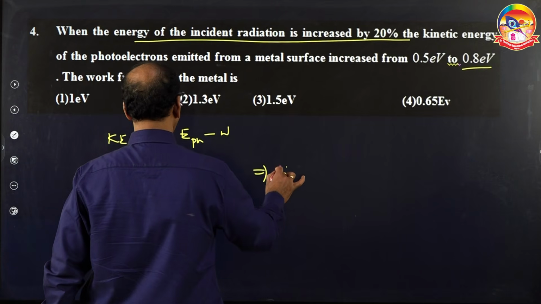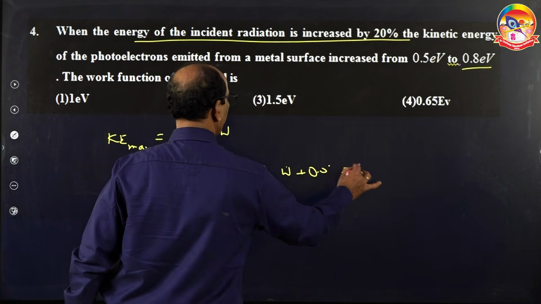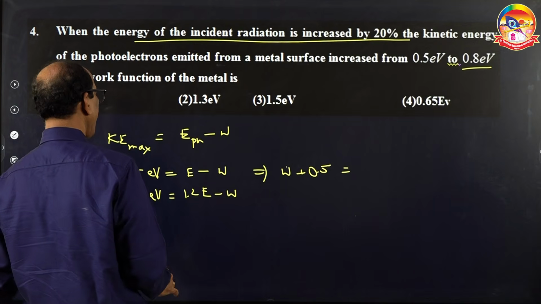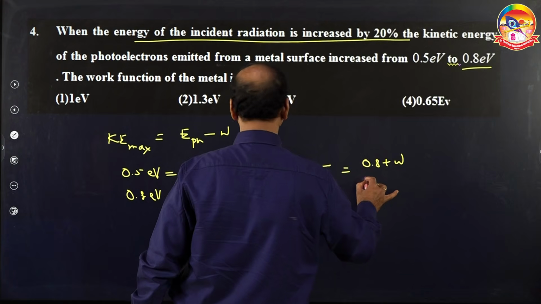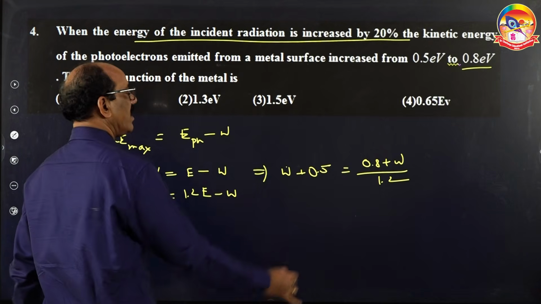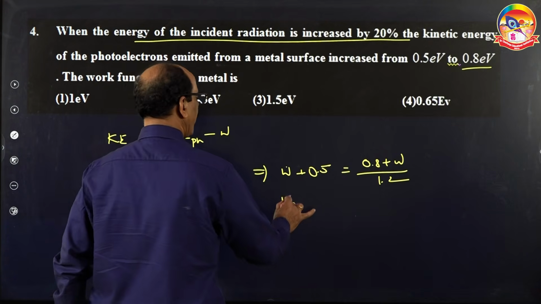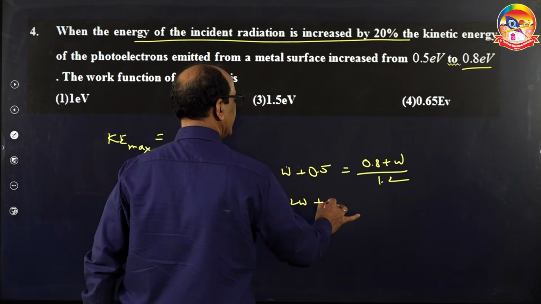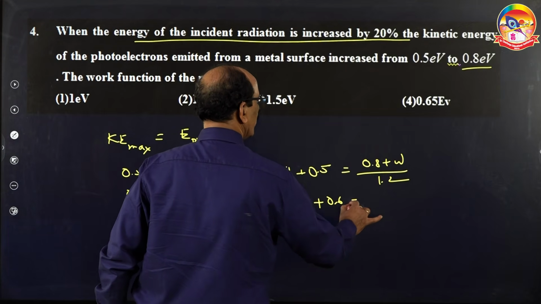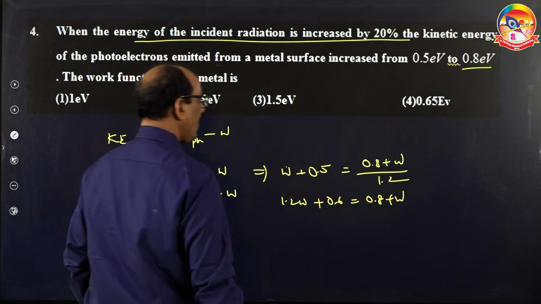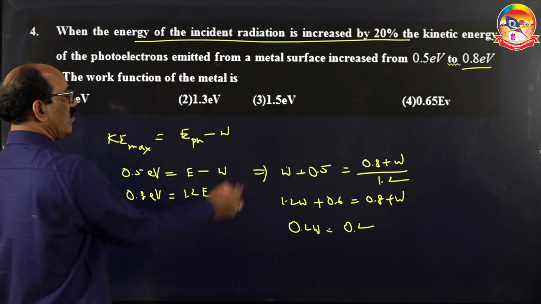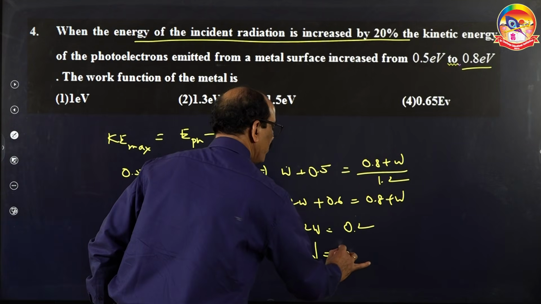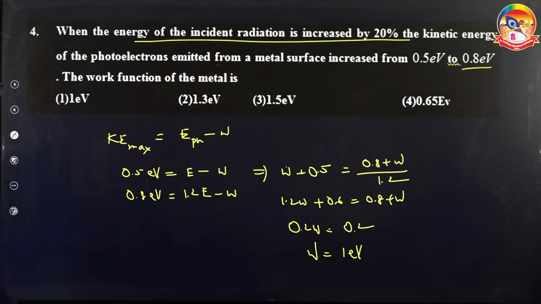That means W plus 0.5 should be equal to W plus 0.8 divided by 1.2. On simplification, what we get here is 1.2 W plus 0.6 should be equal to 0.8 plus W, that is 0.2 W should be equal to 0.2, all in electron volt. Therefore, the work function of the metal should be 1 electron volt. So here the first option is appropriate.